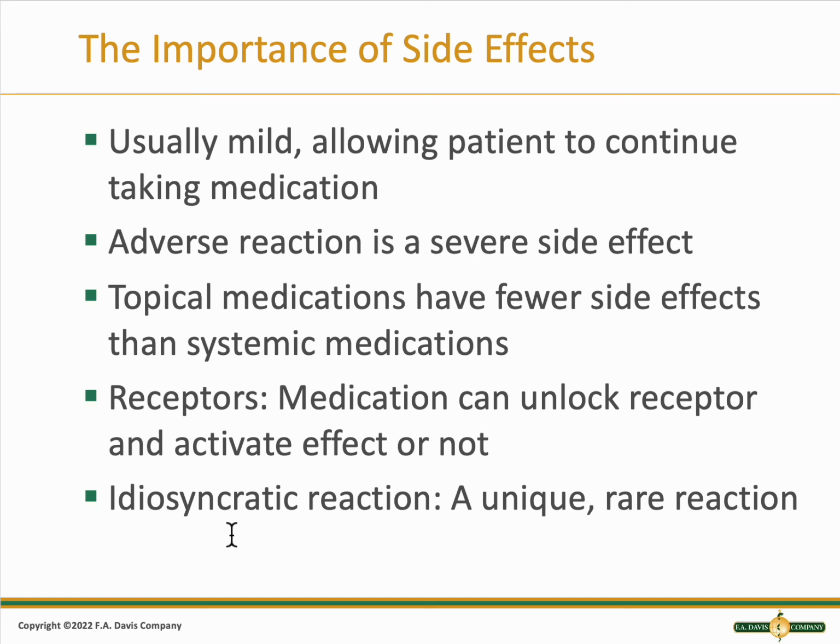Technically it's a medication, but it's not going to mess with your heart rate, or if you put a cream on your body, it's not going to mess with your heart rate, versus if you take something into your digestive tract or IV, there's a lot more potential for adverse effects.